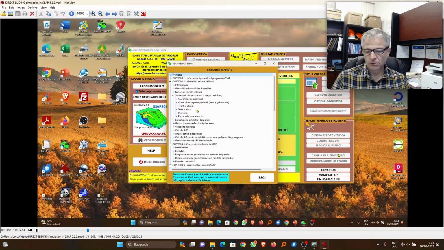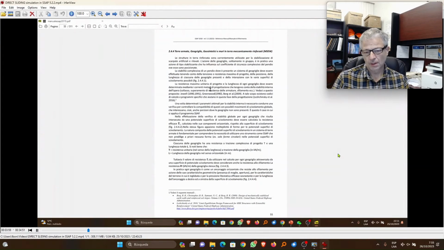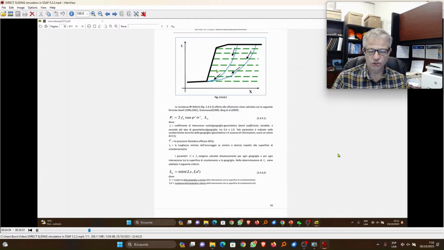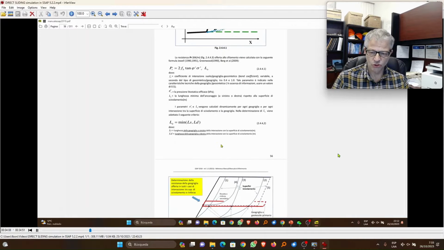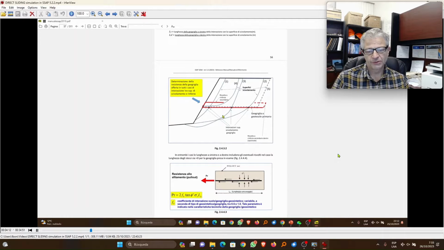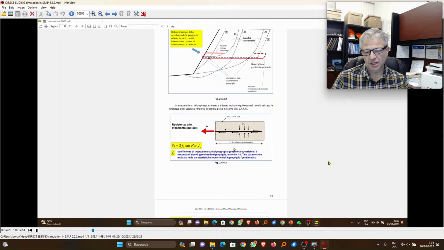And then, in particular, in the reinforced earth documentation. This is the latest version of the documentation manual, where a lot of interface phenomena between reinforced earth geogrids and geosynthetics and soil are described when we have a reinforced earth structure.